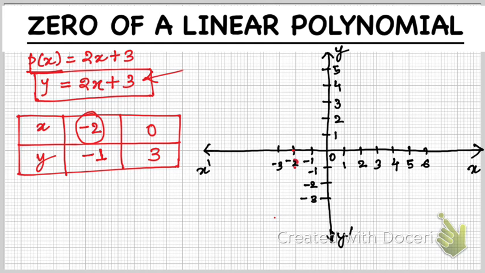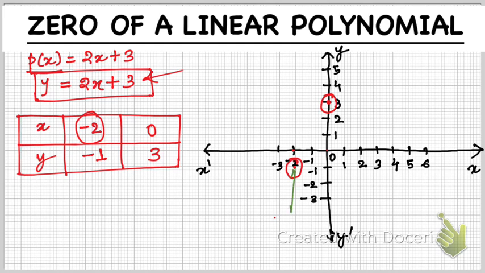Okay, so we will circle this. The next one is x = 0, meaning x = 0 is here and y = 3 is somewhere here. So we will consider this point as well.